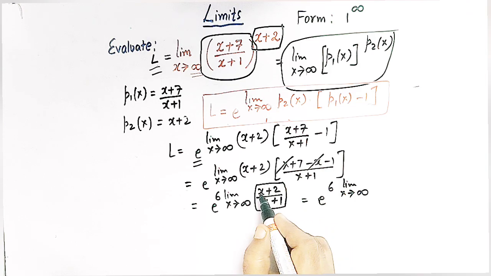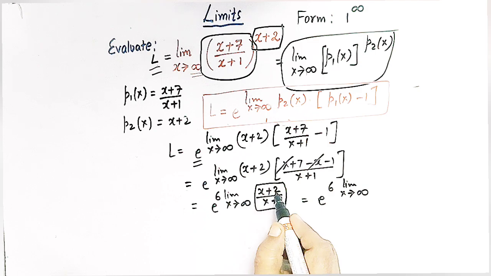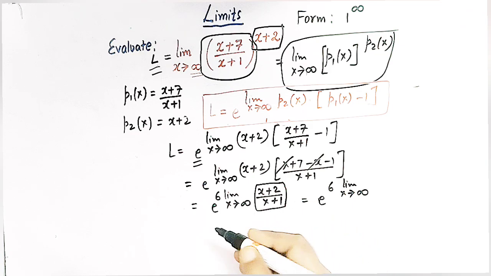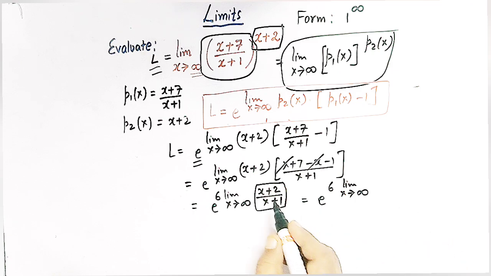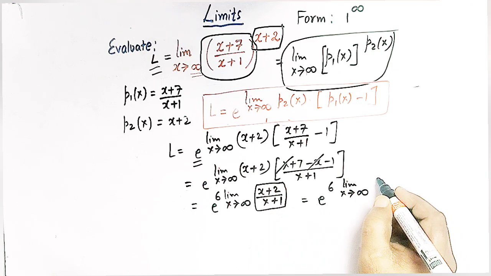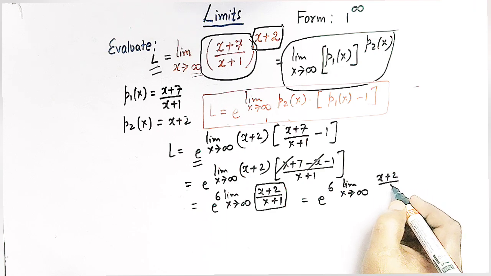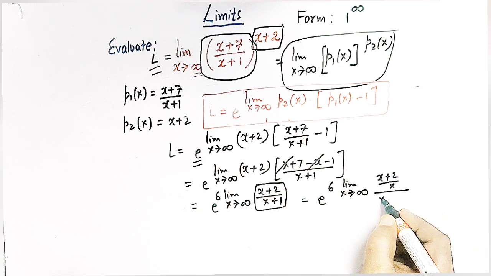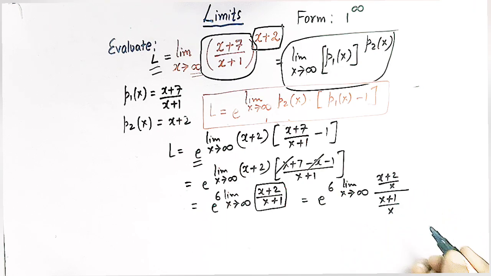In the numerator we have a polynomial, a linear function, and in the denominator also we have another polynomial, a linear function. So dividing the numerator and the denominator by x, we have (x plus 2) over x, and (x plus 1) over x.